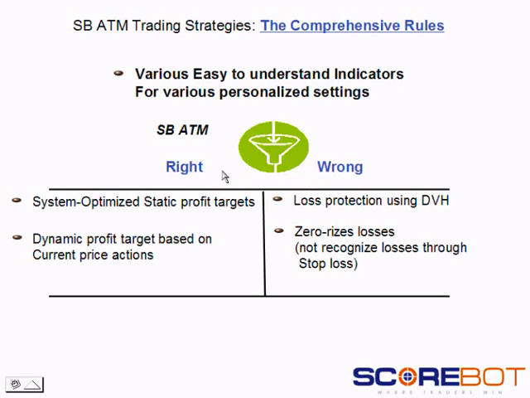Let's say if you are right, the profit taking can base on a static profit taking strategy or dynamic profit taking strategy, which definitely I will explain in further detail later. But if you are wrong, instead of the normal loss cutting strategy, we focus on loss protection and minimizing or zeroizing the losses.